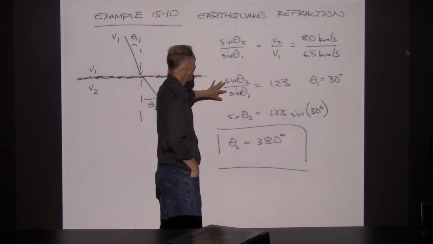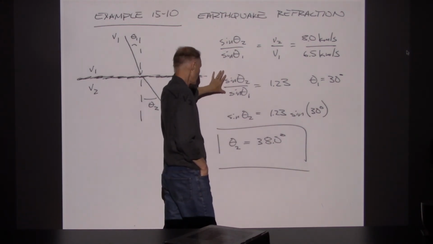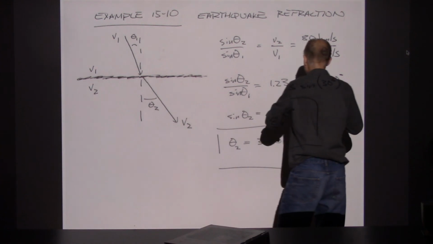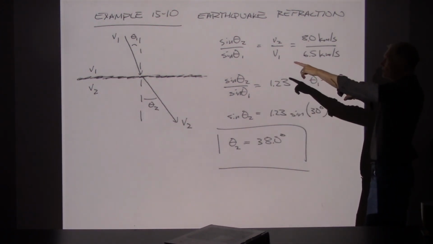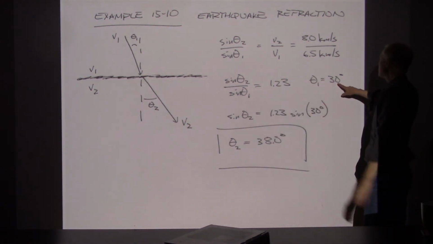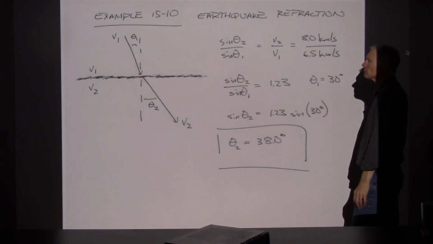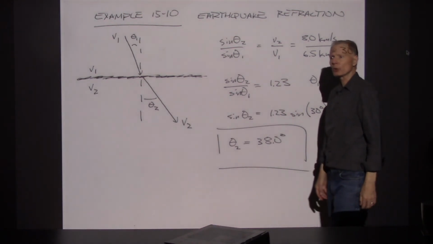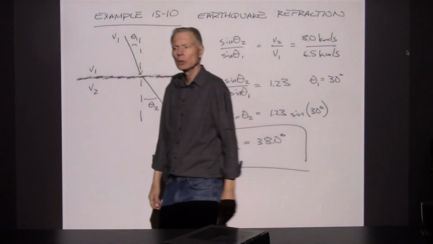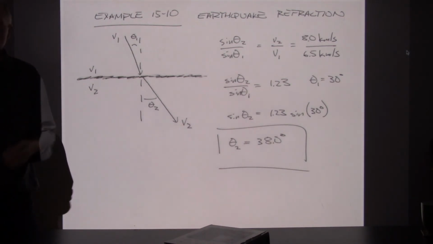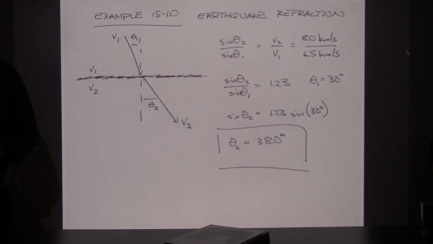Now, when I did the math, I'm predicting that the ratio of the sines should be 1.23, and then they told us that the initial angle, theta 1, is 30 degrees, so that came out to be 38, and yeah, that kind of agrees with what we expected. We expected that the velocity went up, not a lot, but it went up significantly, and the angle did kind of the same thing.